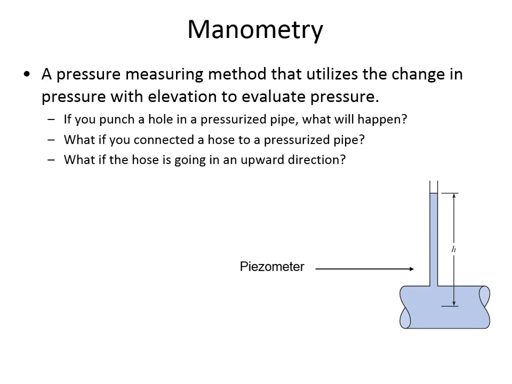If the pressure in the pipe is 500 kilopascals, then the head is 51 meters. It's just the pressure divided by gamma, which has units of distance, and that's referred to as head.